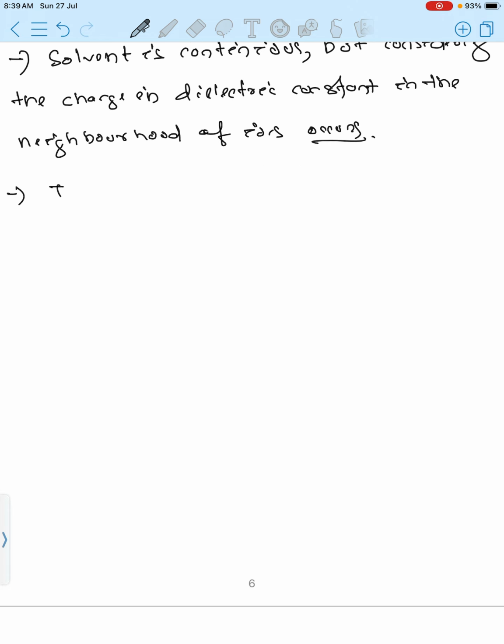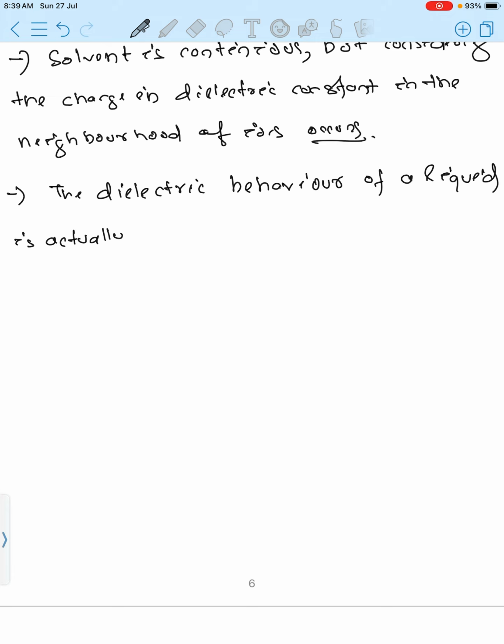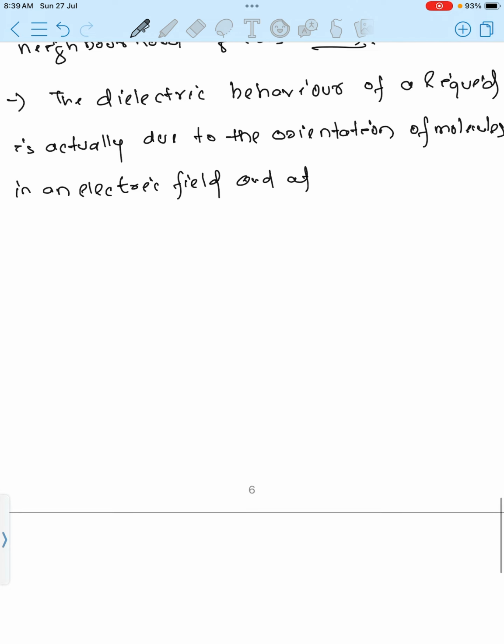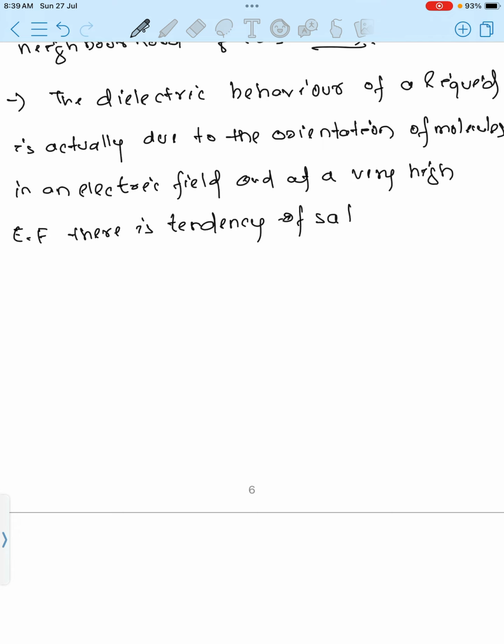Therefore, we can write: the dielectric behavior of a liquid is actually due to the orientation of molecules in an electric field, and at a very high electric field there is a tendency of saturation.